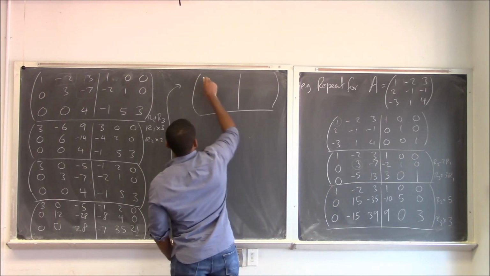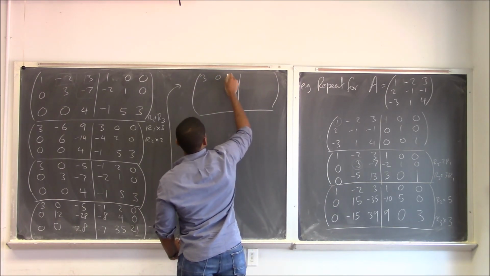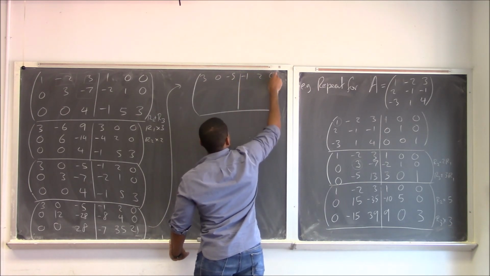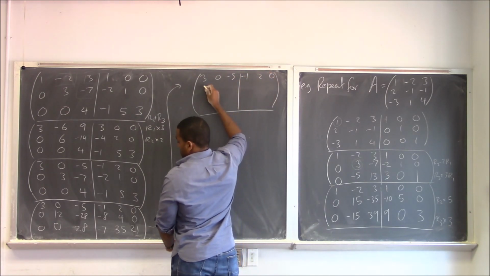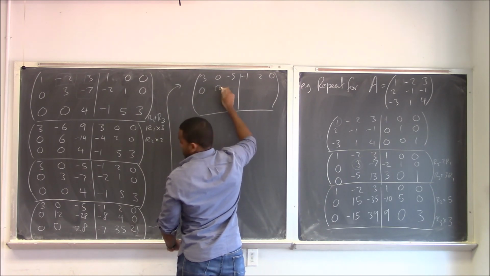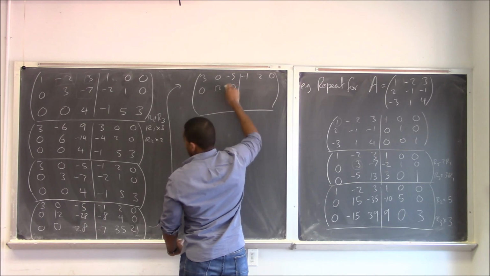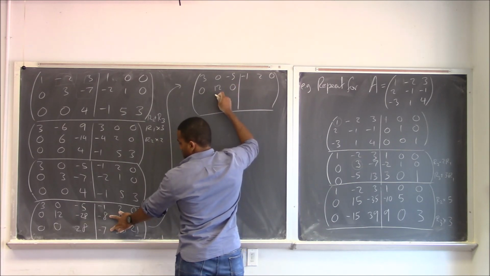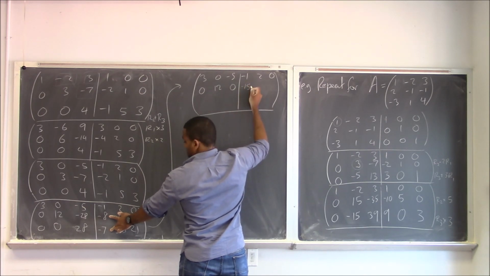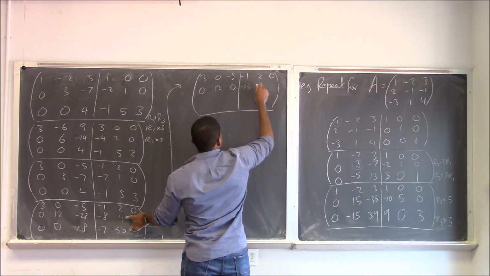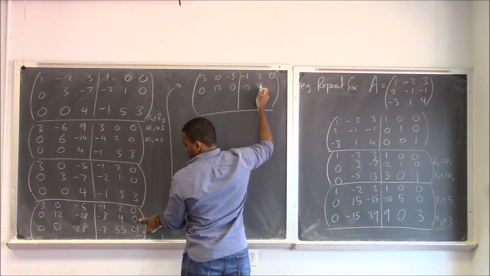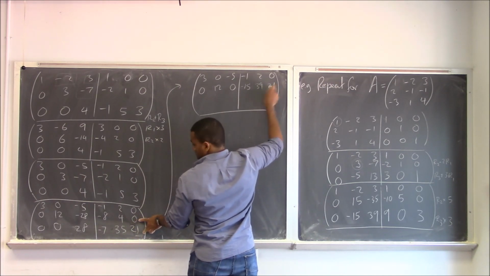And now let's add those guys. So this is 3, 0, minus 5, minus 1, 2, 0. Gonna add these two, so that's 0, 12, 0. Add these two, I get what? Minus 15. Add these two, I get 39. Add these two, I get 21.